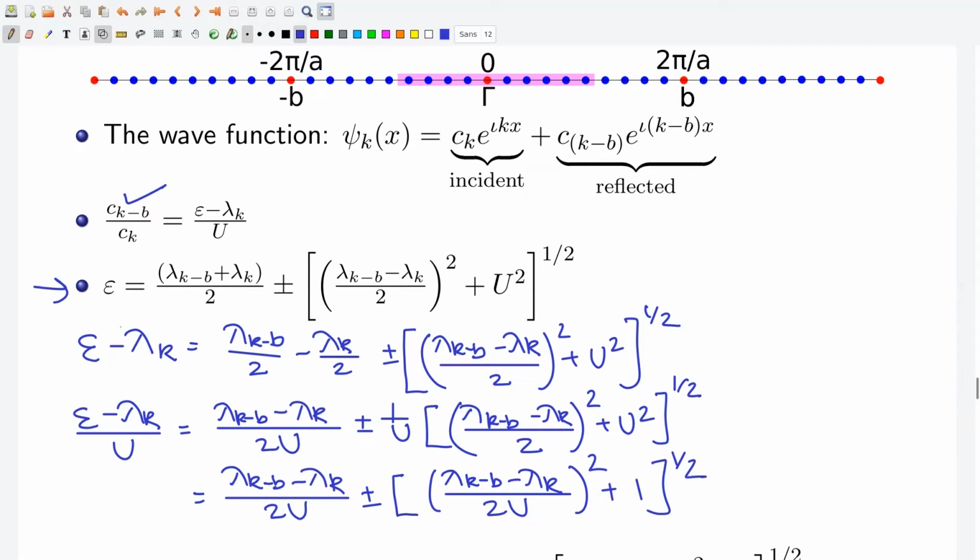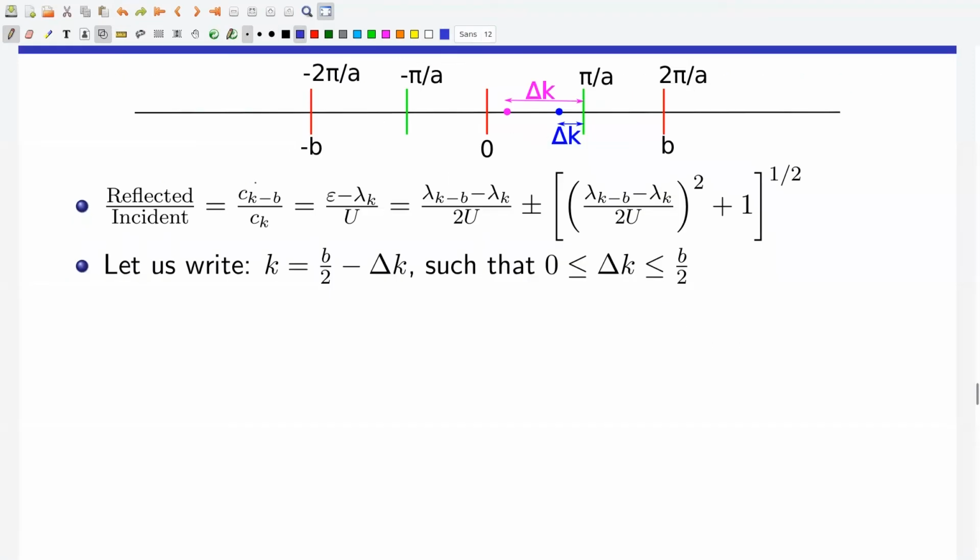So this is the ratio of c_(k-b) and c_k. The ratio of c_(k-b) and c_k tells us how much of the incident wave is getting reflected because of the periodic potential.